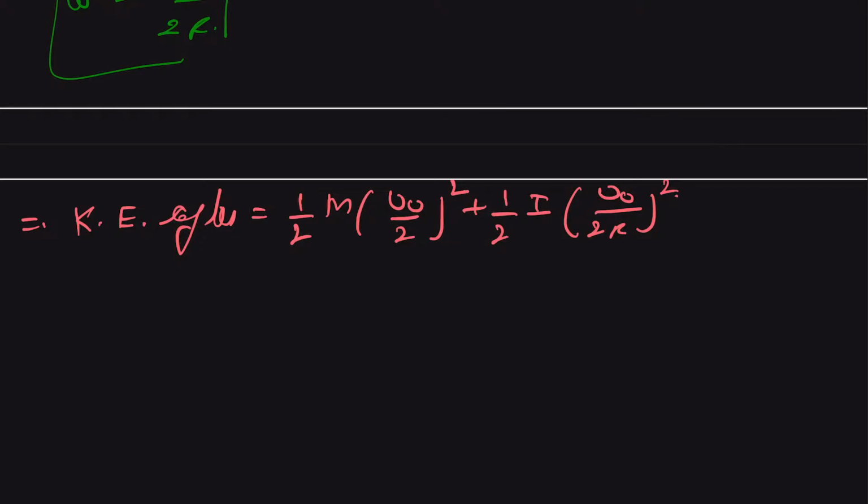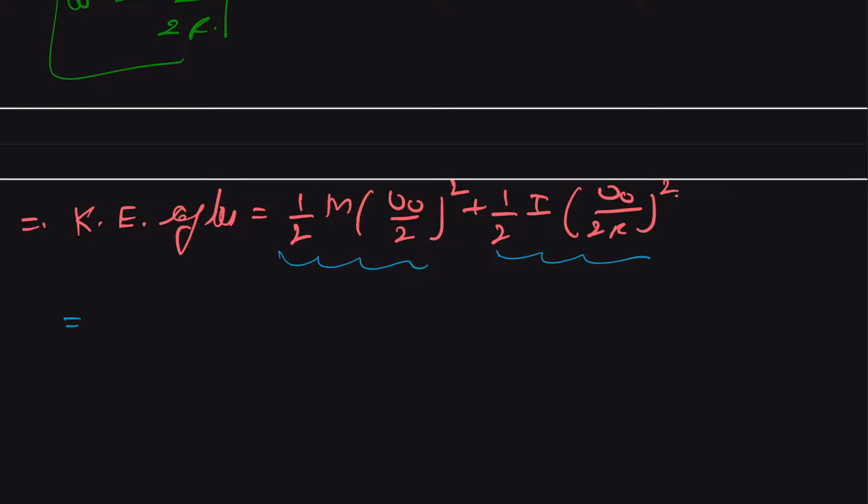So this is our translational and this is our rotational. We also know that I is our MR square.